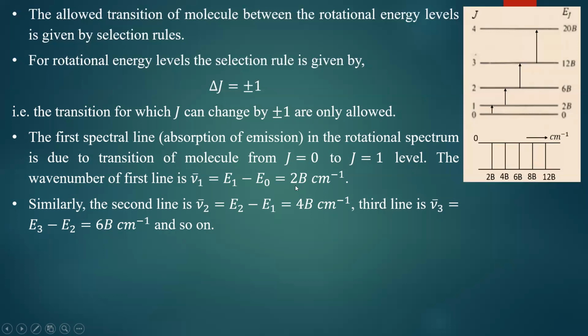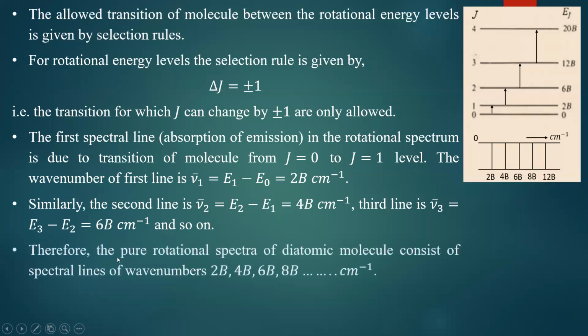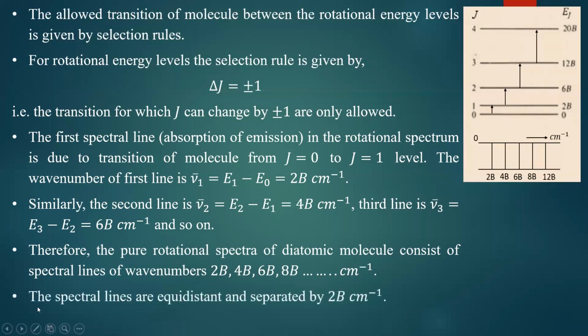So the wave numbers of the spectral lines go as 2B, 4B, 6B centimeter inverse, and so on. Therefore, the pure rotational spectrum of a diatomic molecule consists of spectral lines of wave numbers 2B, 4B, 6B, 8B, and so on. Therefore, the spectral lines are equidistant and separated by 2B.